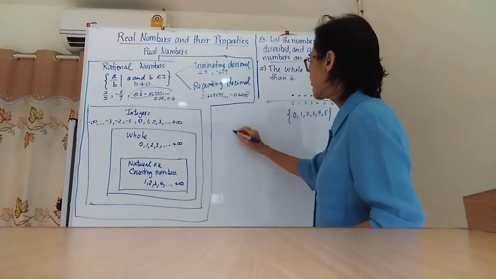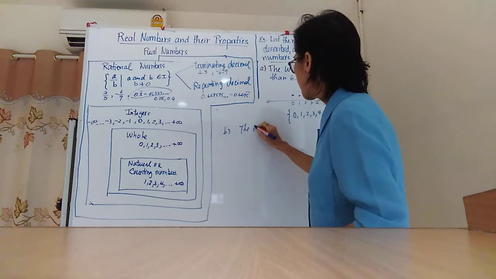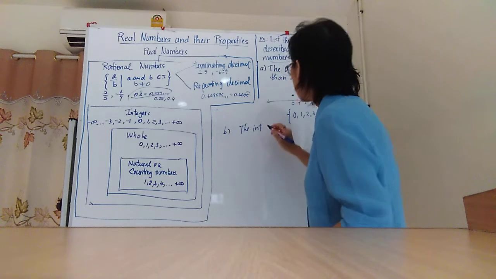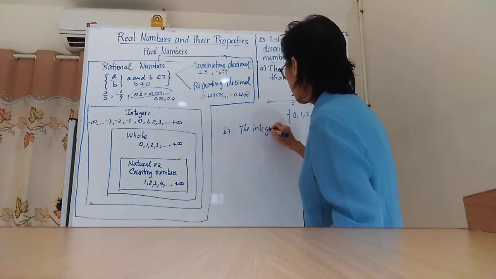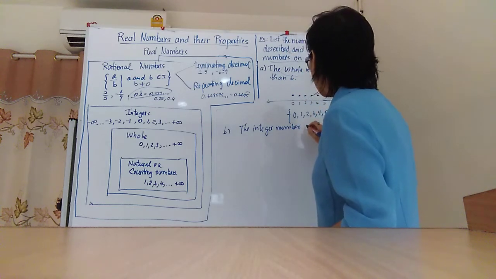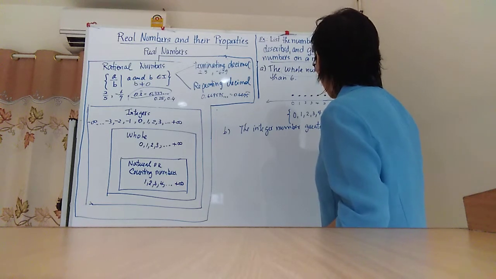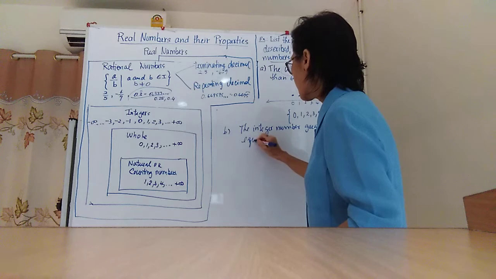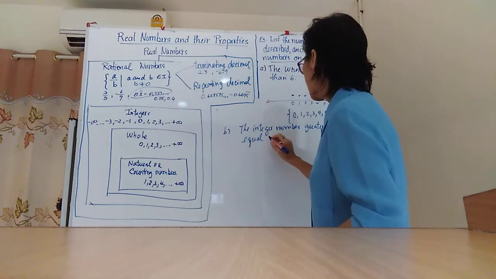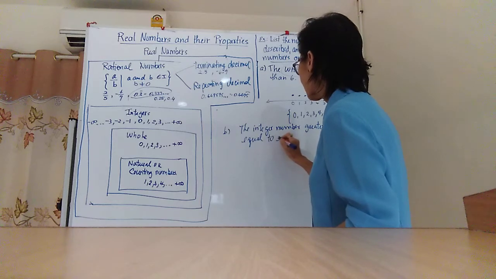Okay, we will try more examples. If we say the integer numbers, maybe say greater than or equal to maybe 3.